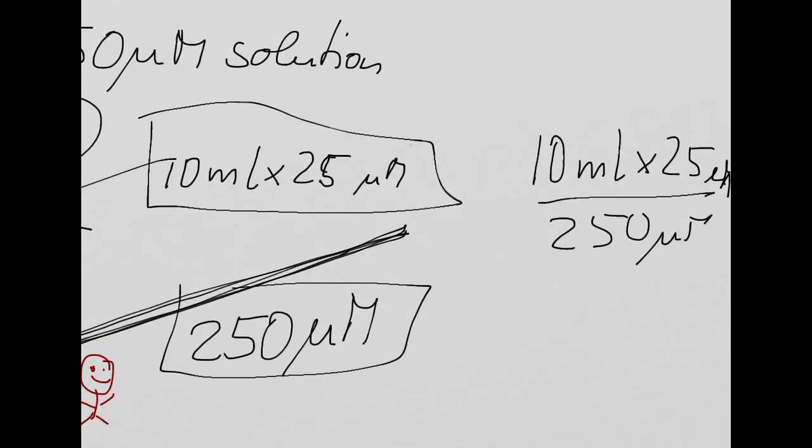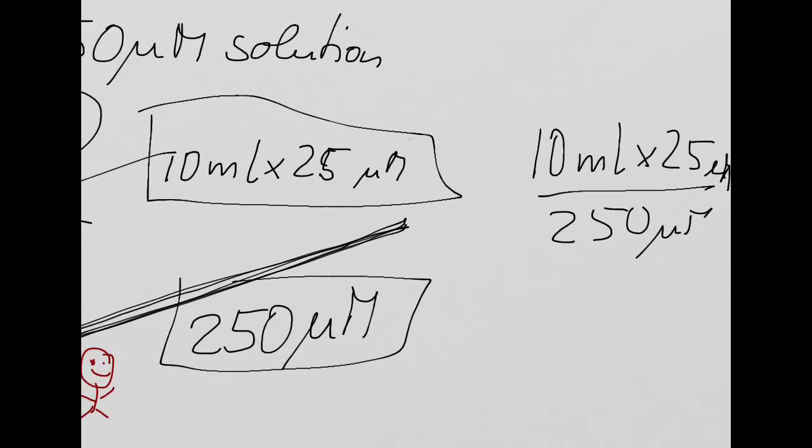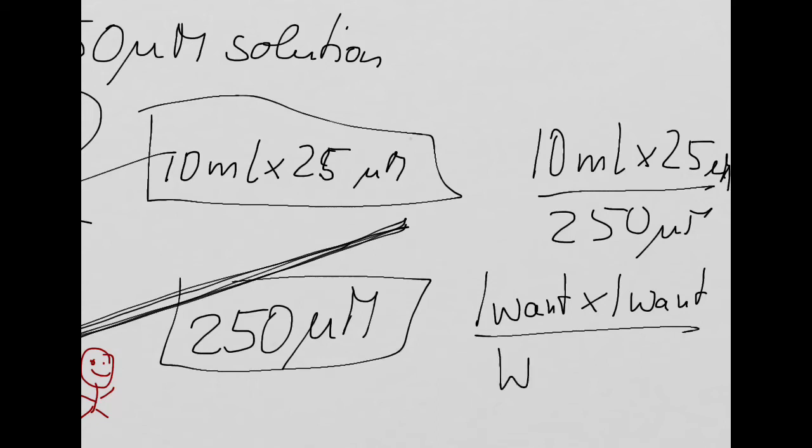And that gives me the volume that I need. It is the same as the C1V1 equals C2V2. But if you just think of it, I want times I want divided by we have gives you the volume of what you need.